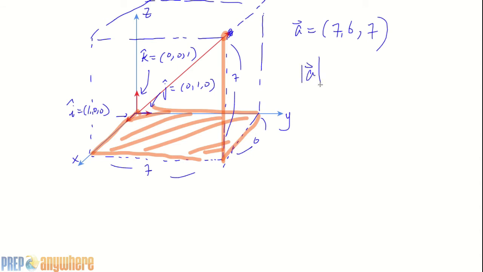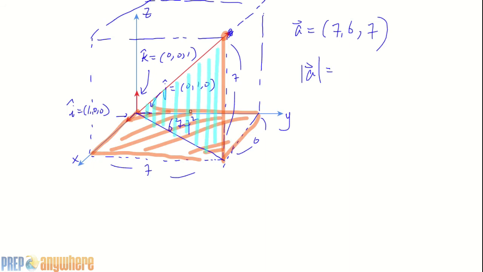And the magnitude of a 3-dimensional vector. How do you guys find the diagonal length in a box? You first find this length, which is by Pythagorean theorem. This one here is going to be 6 squared plus 7 squared, right? And then you have to look at this diagonal triangle.